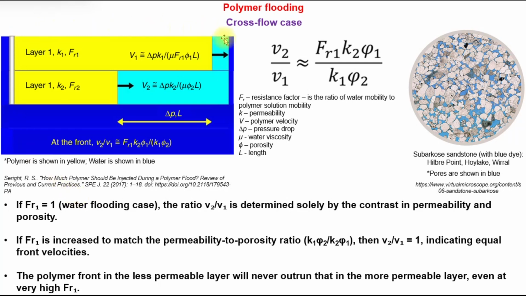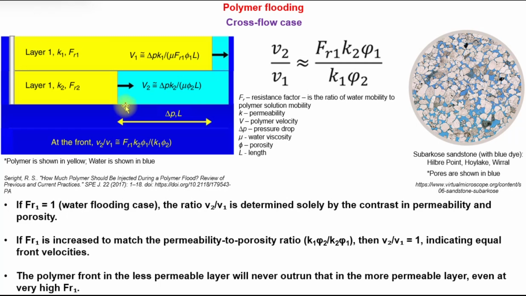Let's take a look at this figure, which was taken from this publication. It shows two layers with different permeabilities, both saturated with water. For simplicity, let's assume there is no oil present. In this case, we do not have any viscous fingering between polymer and water because the mobility of the polymer solution is lower than that of water.